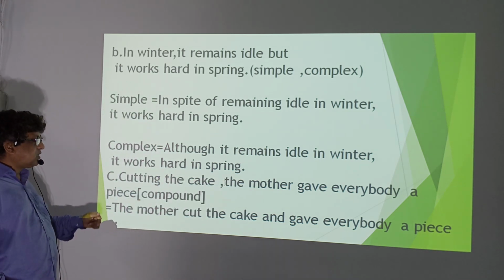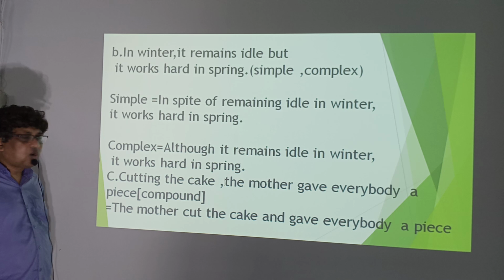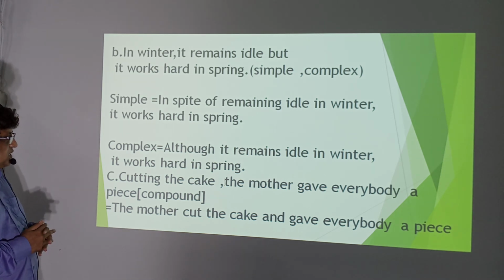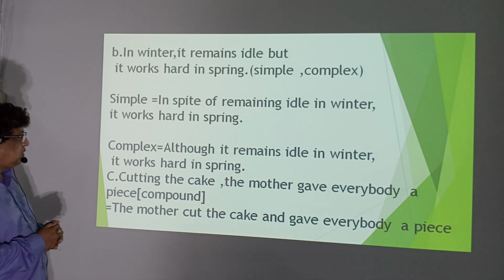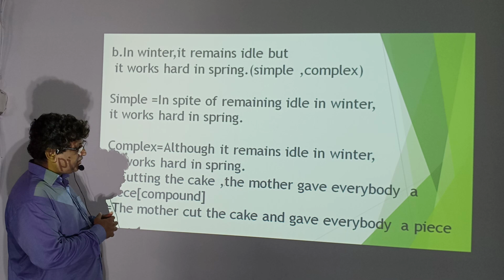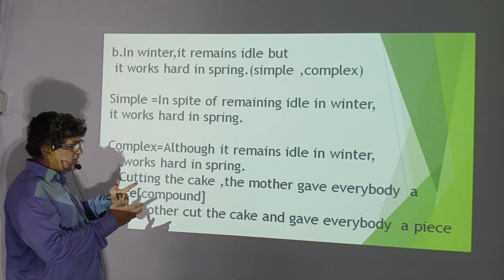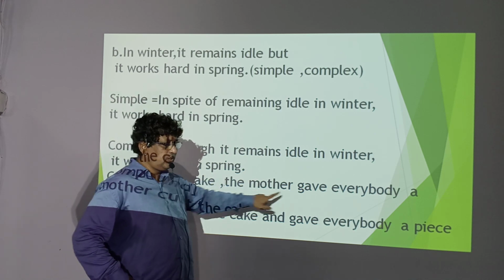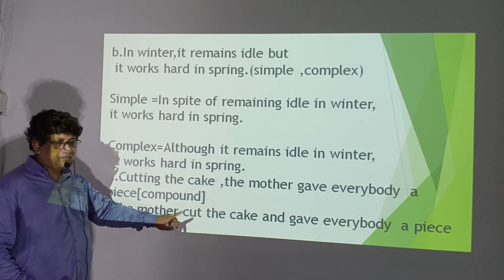Now, we will transform it into a compound sentence. In order to make it a compound sentence, first we will look at the pattern of event happening. First, the mother cut the cake. As it is in the past tense, we will use cut in the past form.